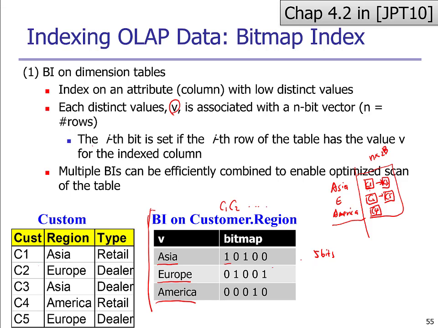So it's in fact n bits, in bits times the number of distinct values. So this is what we have.